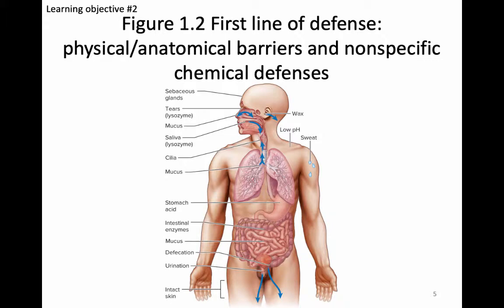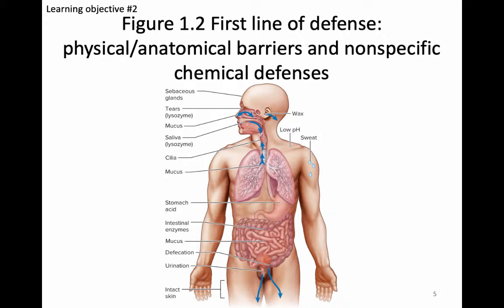Lining cavities like the respiratory tract and the gastrointestinal tract that are open to the outside, we have mucous membranes, which are also a collection of very tight cells. They secrete mucus, which is an antimicrobial substance that can trap microbes that are inhaled or that get into the gastrointestinal tract. Once they're trapped in mucus, these microbes will be eliminated from the body, either by coughing them out or by excreting them in the urogenital system.